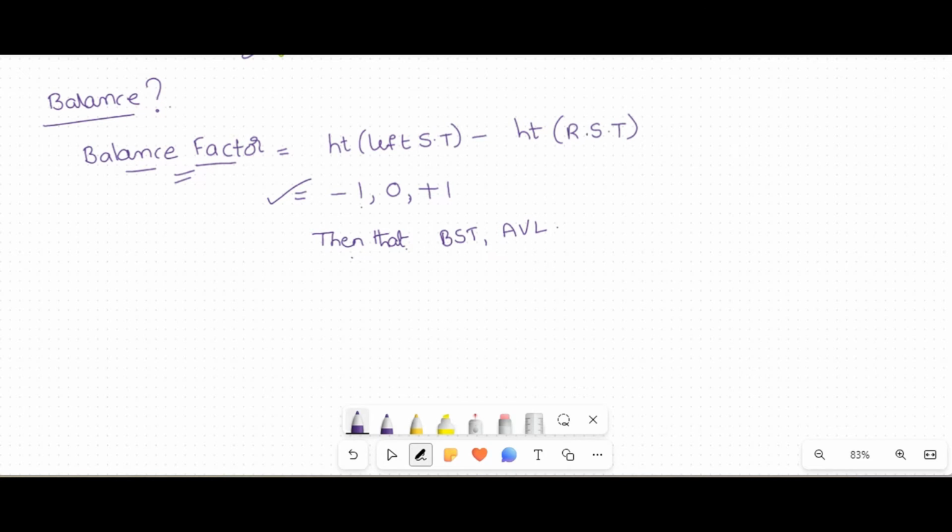The AVL full form is the names of the scientists Adelson-Velsky and Landis. Two scientists invented this AVL tree. So at each and every node, if the balance factors are -1, 0, +1, then that is called an AVL tree.